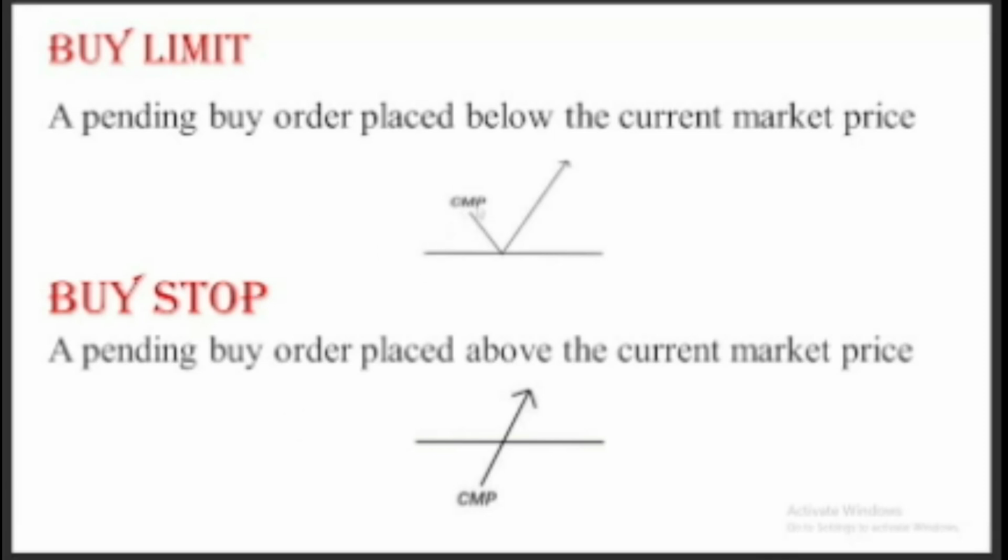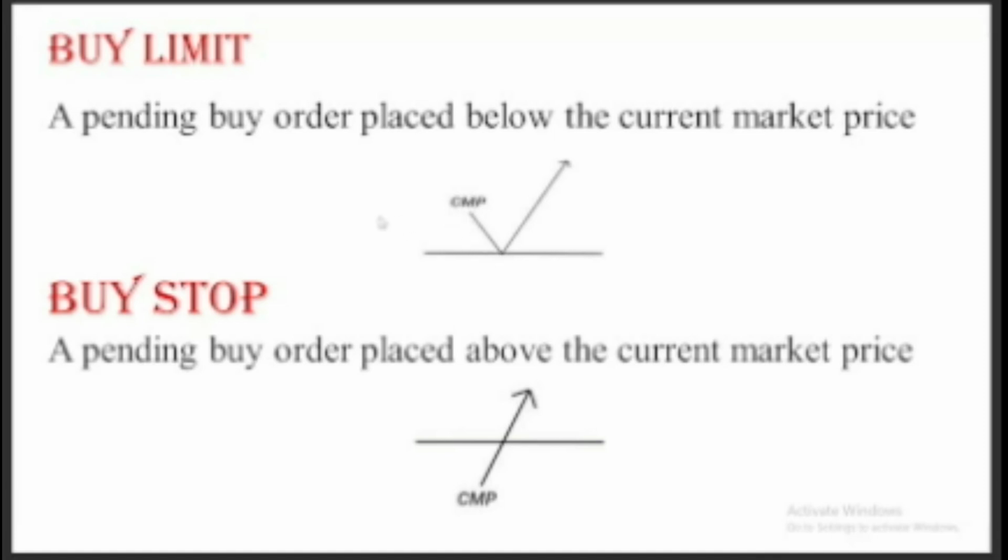So we see where it is labeled as CMP. This simply means current market price. The order that we placed is represented by this horizontal bar below here. So the current market price will be above while the order will be below.